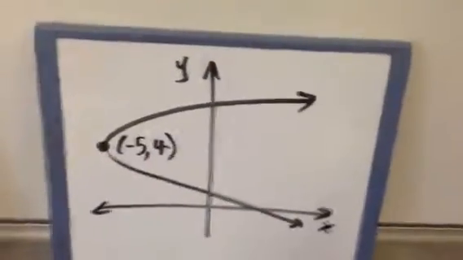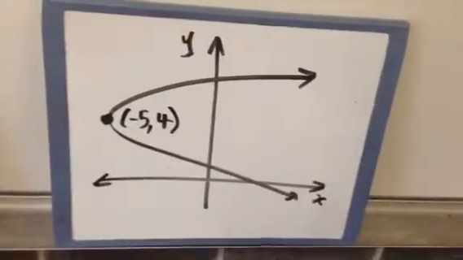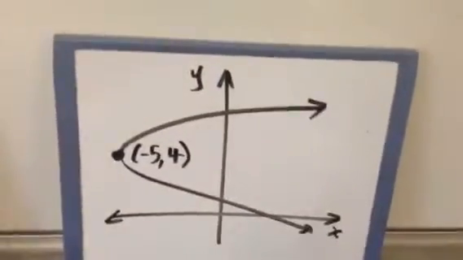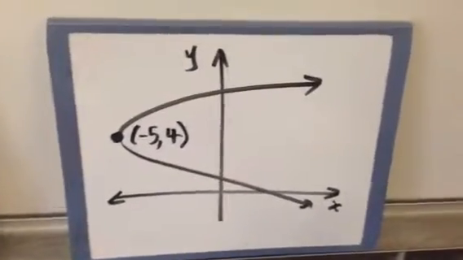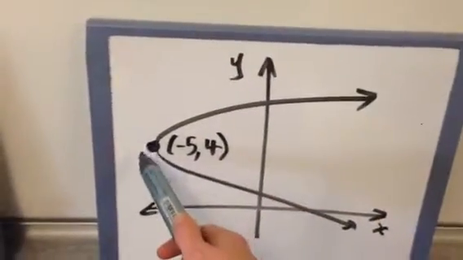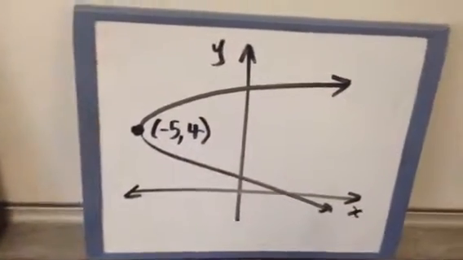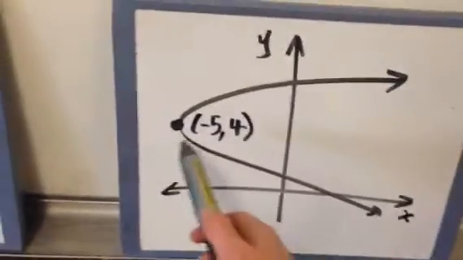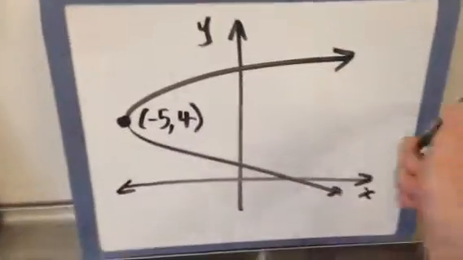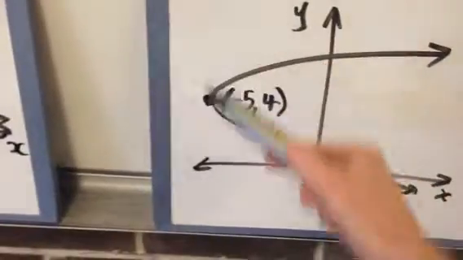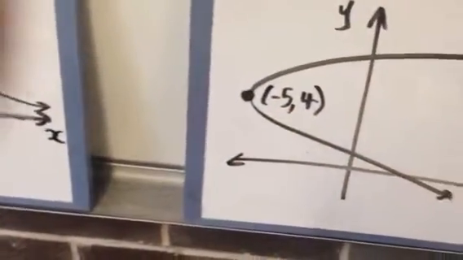Okay, lucky last one. We've got a parabola here, although it's inverted. It's actually the graph of x equals y squared this time. Our vertex here is on the side at -5, 4. Now, thinking about the domain, all my x values, it's going on this way forever, but it's restricted here. It never goes out past the -5.